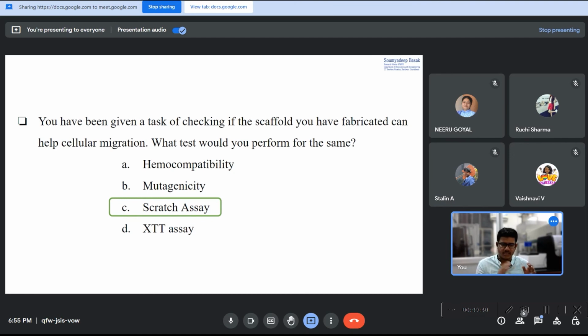If we are using MTT, the formazan crystal that is created requires us to disrupt the cells to dissolve it, to check the cells' viability and how the cells are dividing. To check metabolism, we can perform these two assays, MTT and XTT. MTT will form a formazan crystal that can only be dissolved by DMSO.